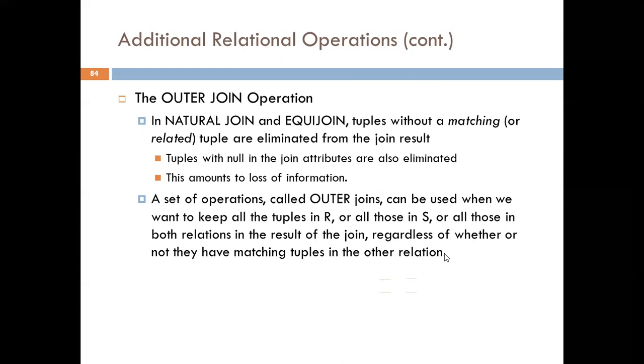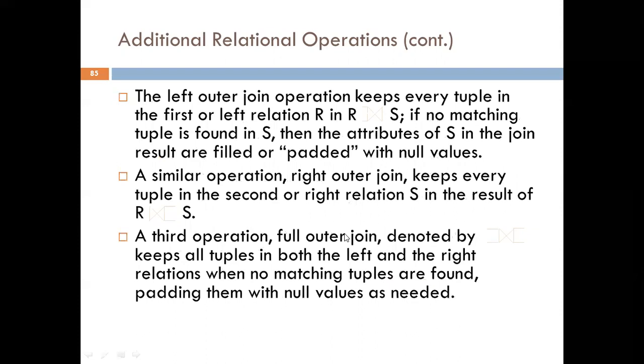In outer join there are two categories, left outer join and right outer join. Left outer join keeps every tuple in the left relation. If no matching tuple is found on the opposite side, then those attributes will be filled with null values.